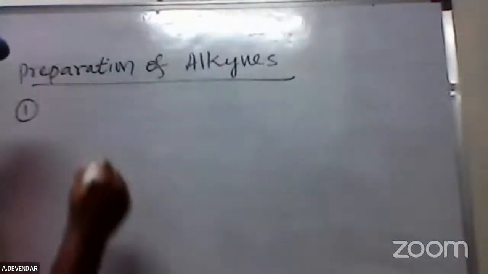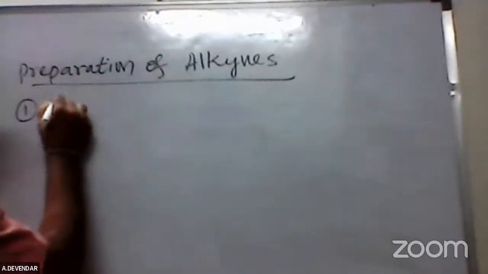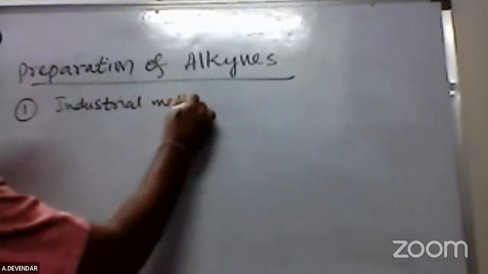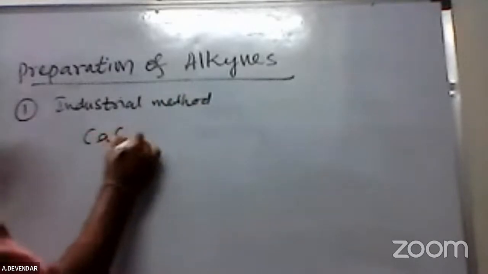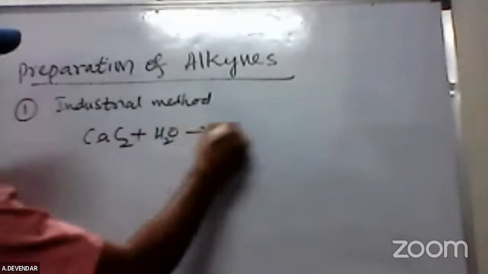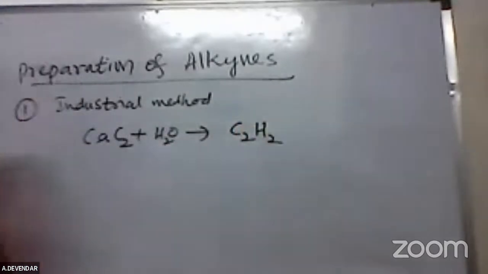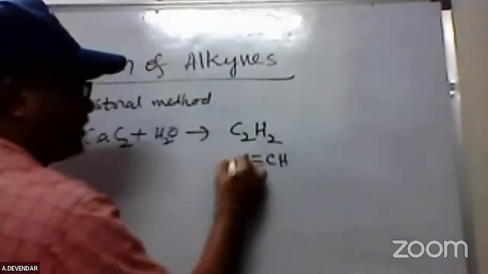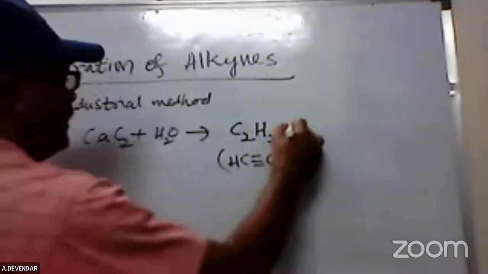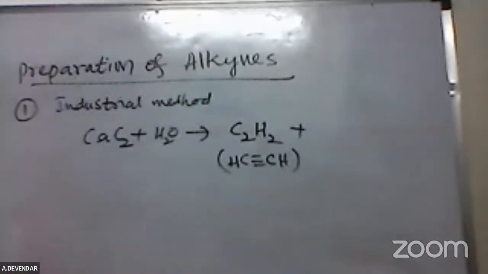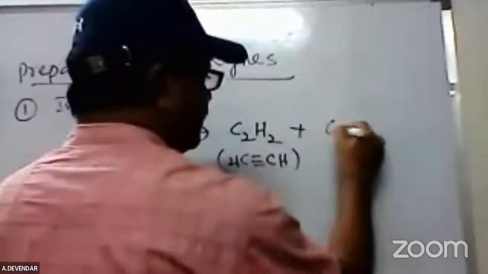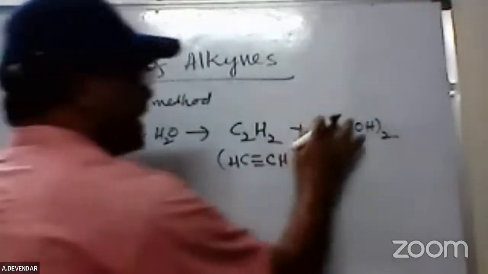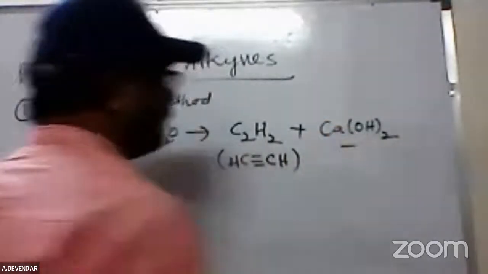So the preparation of alkynes, particularly acetylene gas, by the industrial method: calcium carbide is hydrolyzed, and you simply get C2H2, that means acetylene, with the structure HC≡CH. Calcium hydroxide is liberated, that is lime water, as the byproduct.